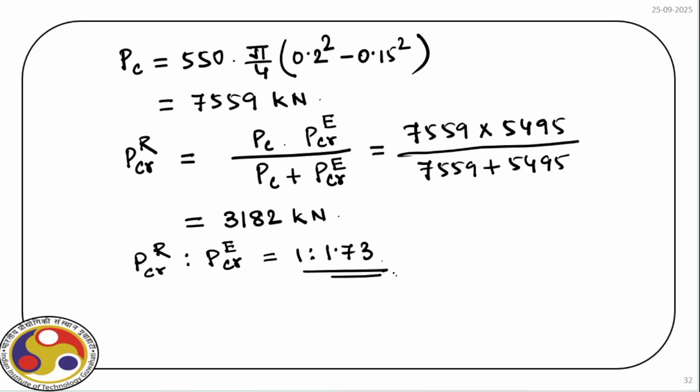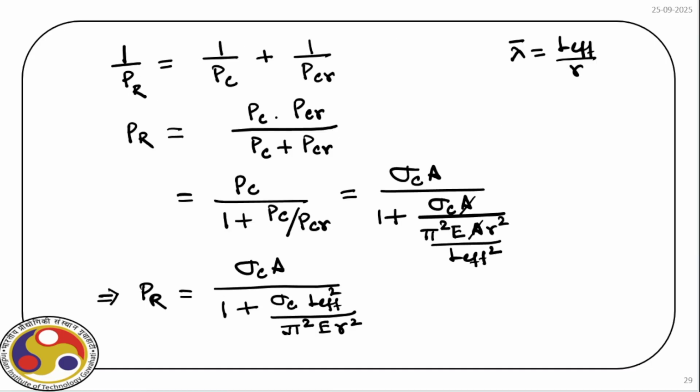Right. So now we can see how we can combine the crushing strength under pure compression and the buckling, and we can evaluate the critical load as per Rankine's empirical formula.